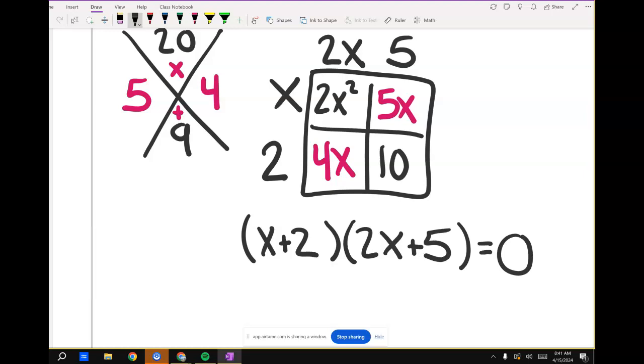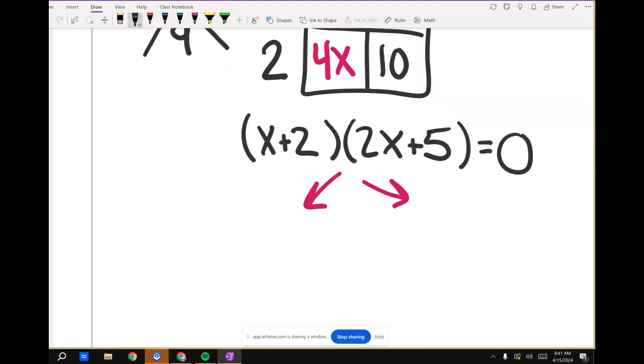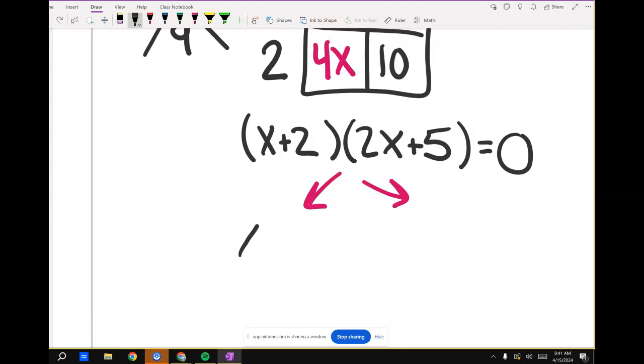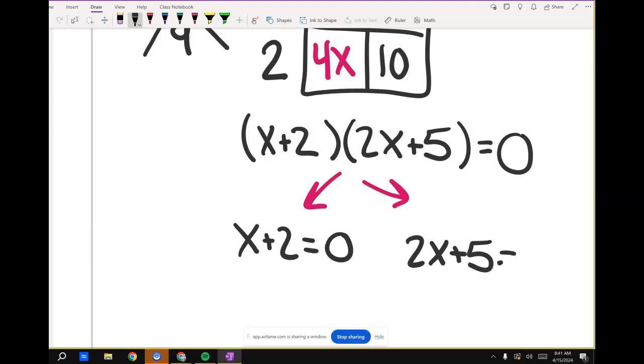I go ahead, use zero product property on both of them to get 2 answers for x. So we'd have x is equal to negative 2. I should write out my full equation. I skipped a step. Let me just show that step. X plus 2 is equal to 0. 2x plus 5 is equal to 0.